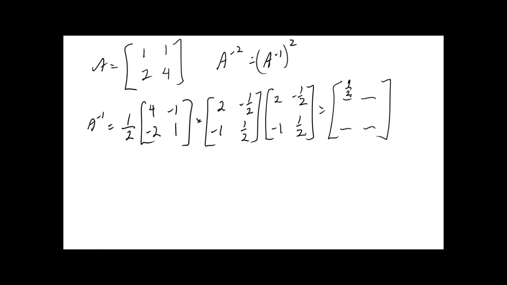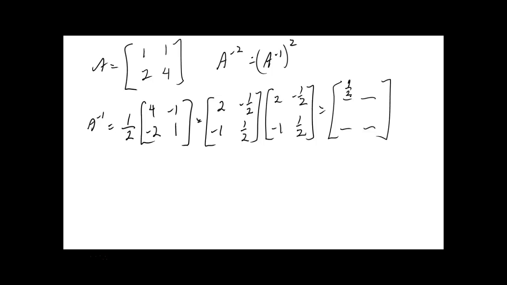Okay. The 1, 2 entry would be first row, second column. And that would be first row, second column.